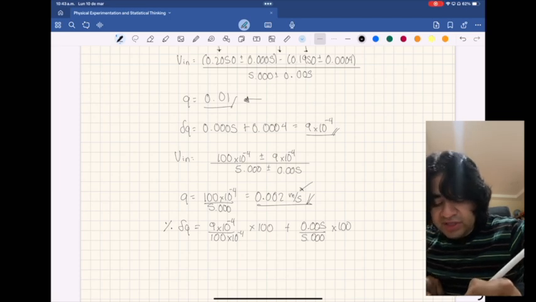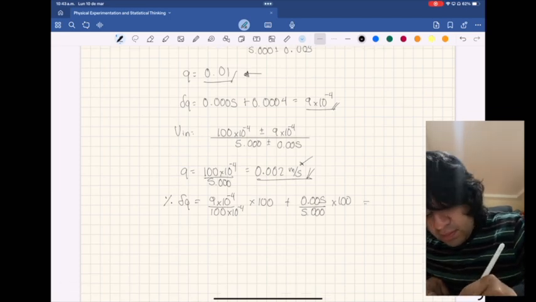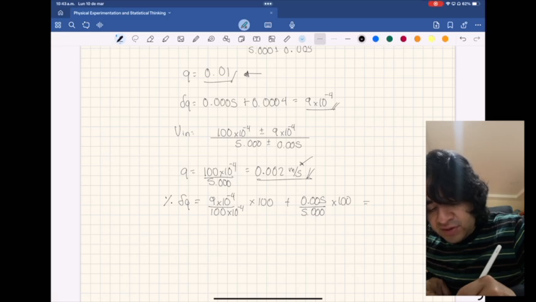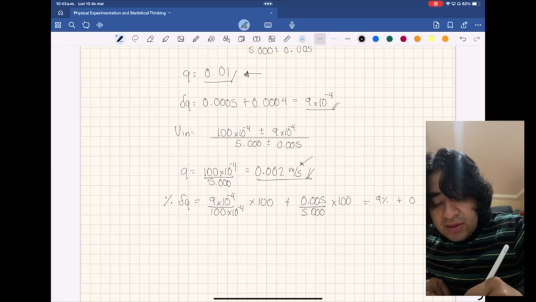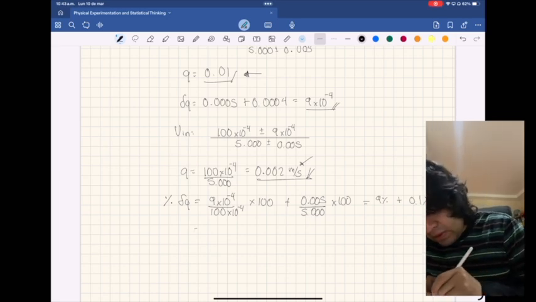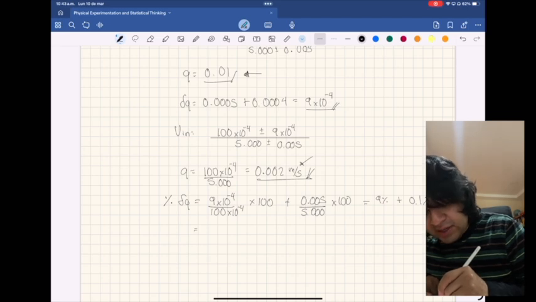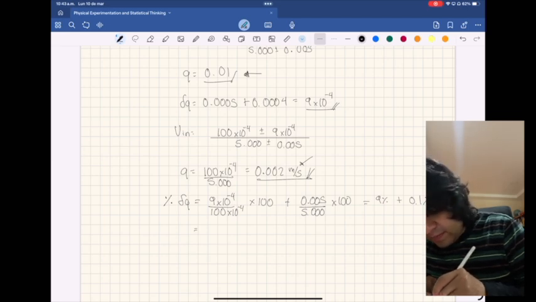Following the same procedure, the individual percentage uncertainties are 9% plus 0.1%. We add 9% to 0.1 and we obtain 9.1%.